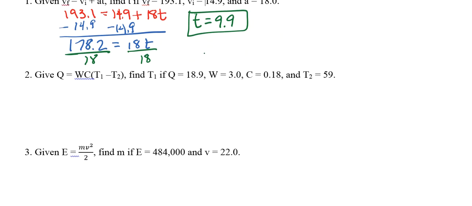The second method is to solve for the letter first and then plug in the numbers. So if we try that method on this one, with this formula we're supposed to solve for T1. So what we do first is isolate T1 in a similar manner to what we did on number 1. So the first thing we would do is move the W and the C, so we're going to divide by WC.